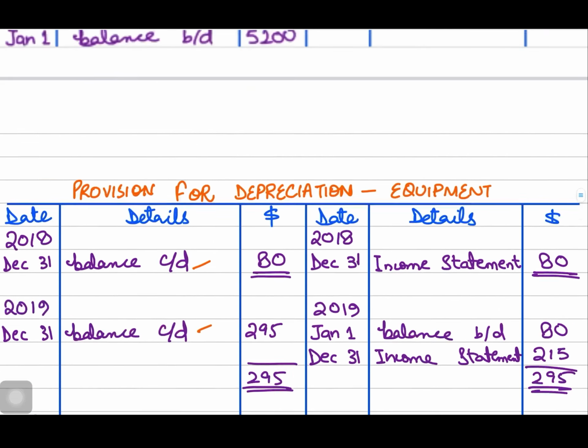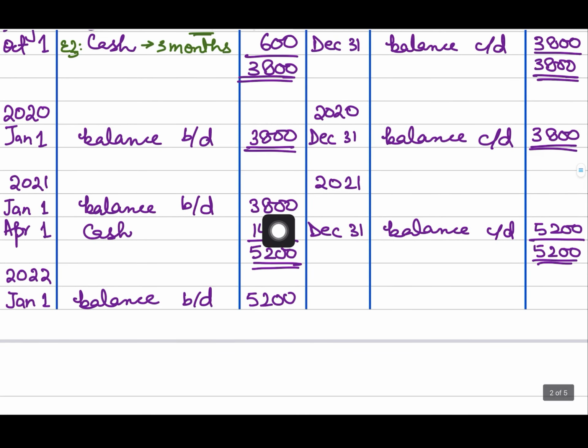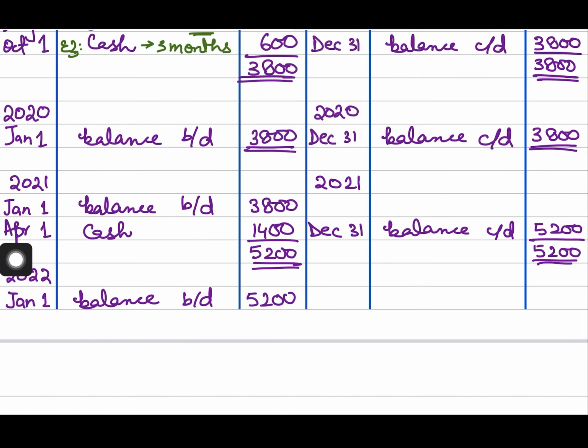So what is happening in 2021? We have the balance brought down 3800 for all of these three assets, and we are purchasing the new one on April 1st. How many months before the year end? April, May, June, July, August, September, October, November, December: 9 months before the year end. So depreciation will be charged on these 9 months only.